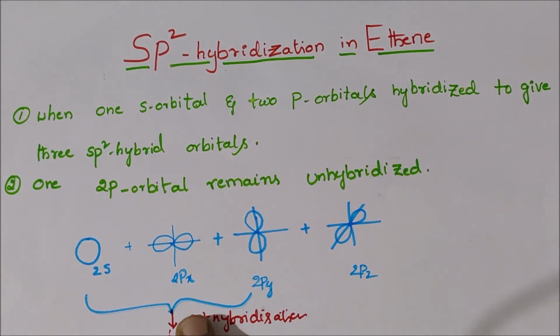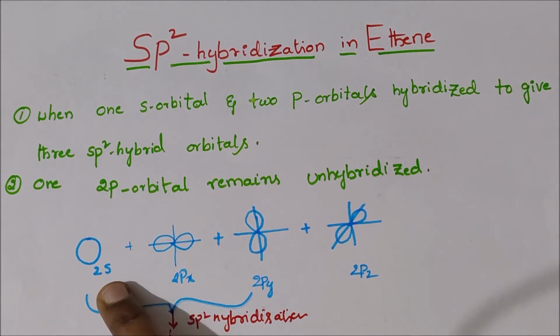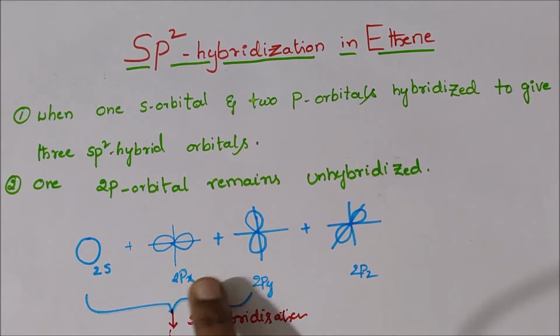There are 3 degenerate orbitals, that is 2px, 2py, 2pz. In this, one s orbital and two p orbitals intermix to give 3 sp2 hybrid orbitals.